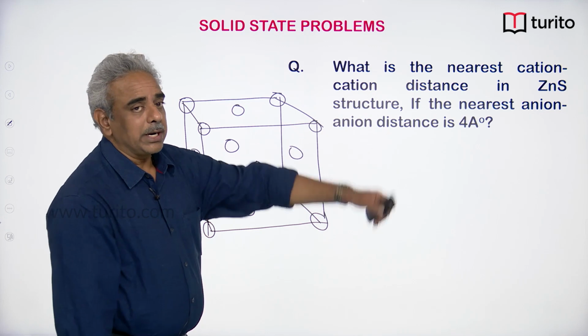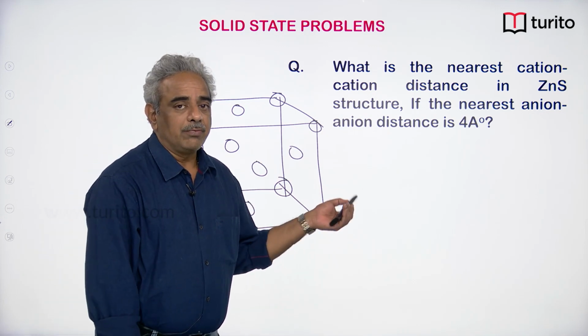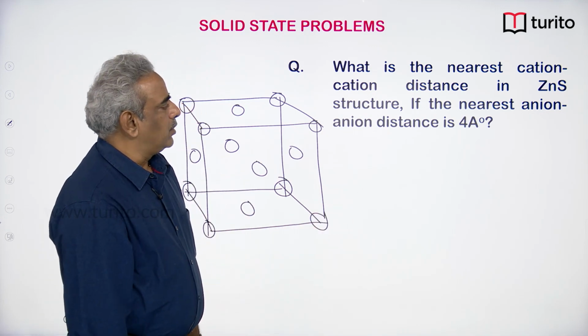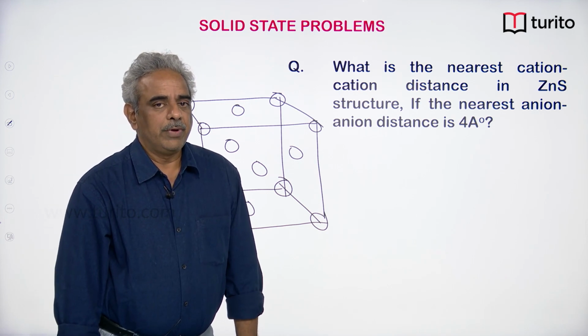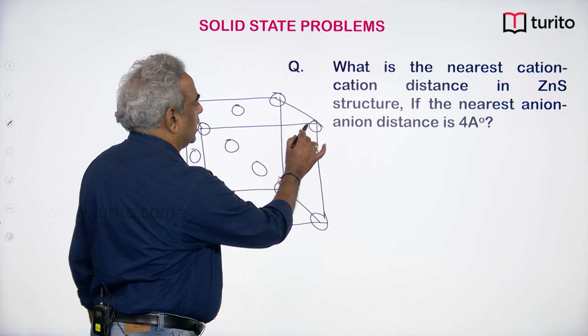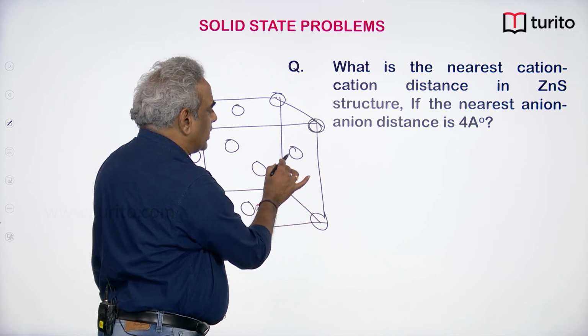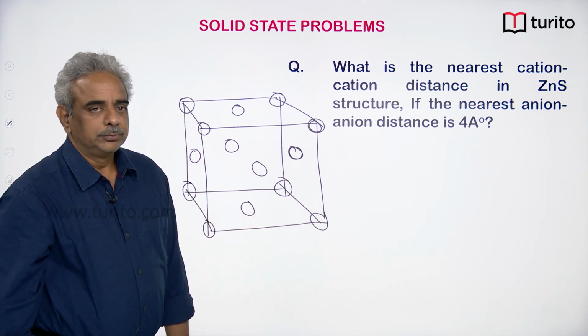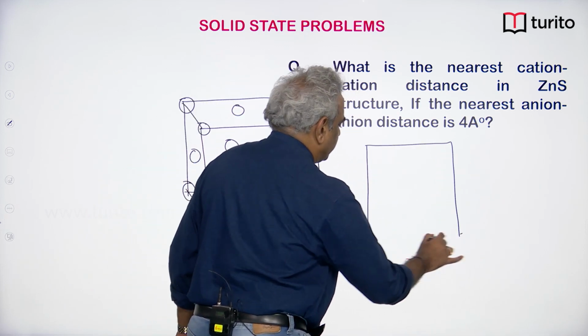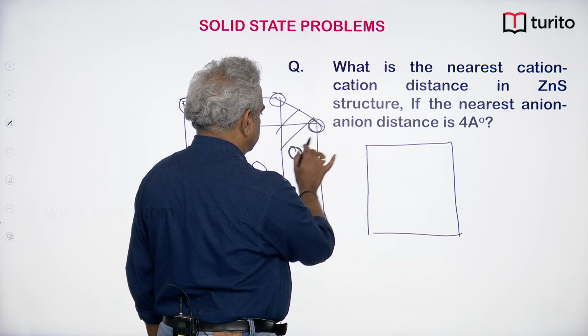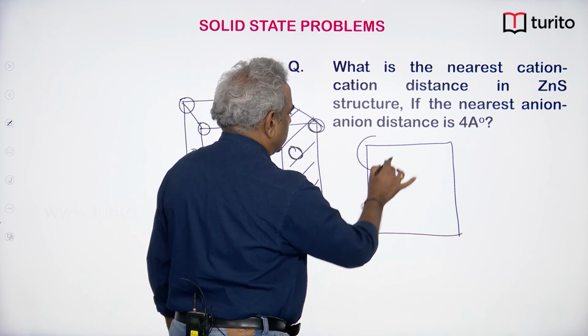Nearest cation distance, but this is sulphide, and he gave the nearest anion distance. Where is the anion? This is sulphide. What is the nearest anion? The face ion. So, he gave the nearest anion distance. If you draw this face outside, you are getting this.